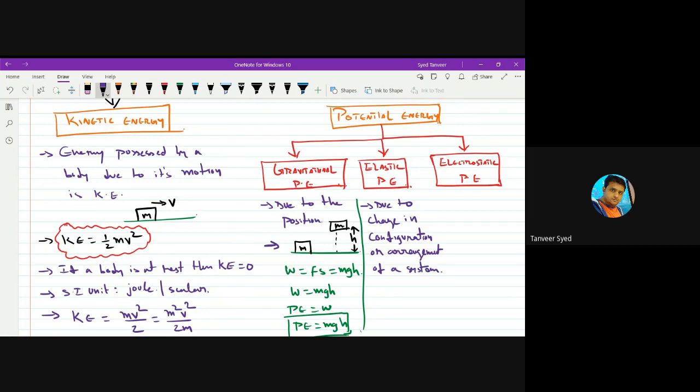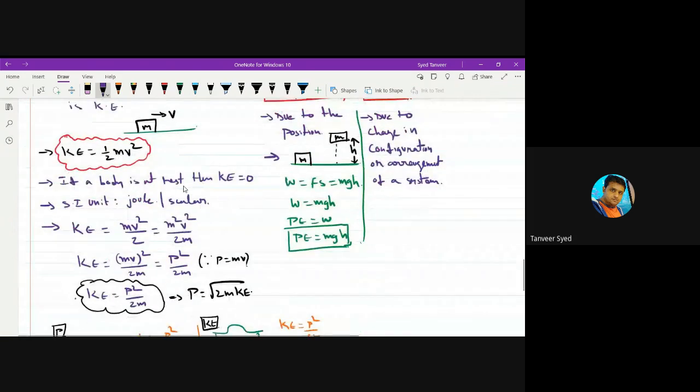So there is some system present. If you change its configuration, alignment, or arrangement, then to change that configuration, you should have done some work. That work will be stored in the body or in the system as elastic potential energy.